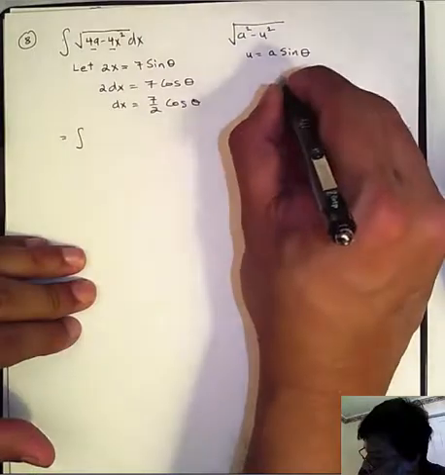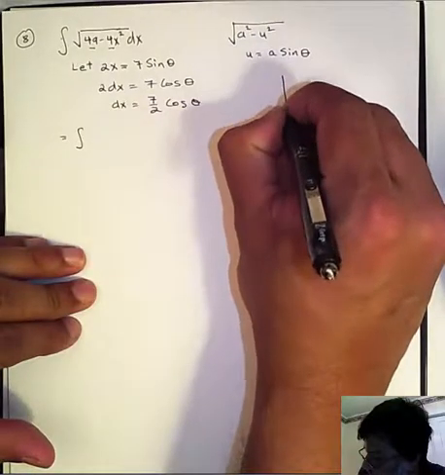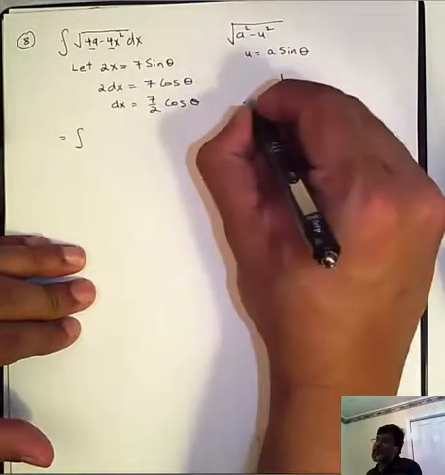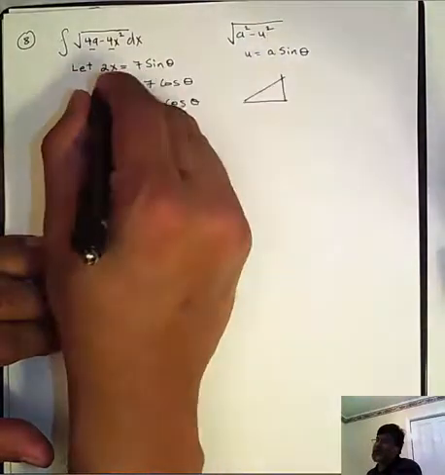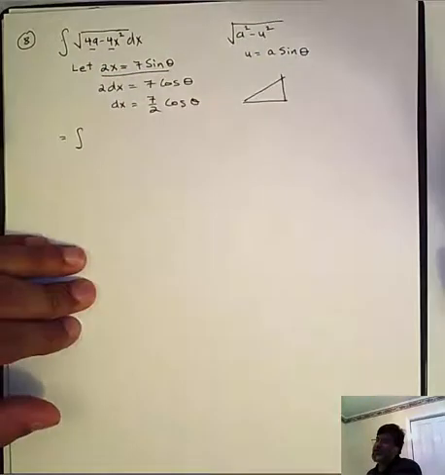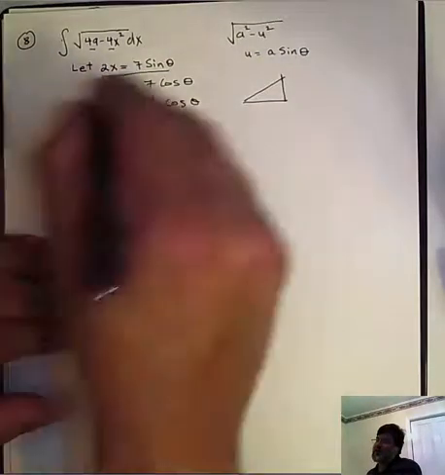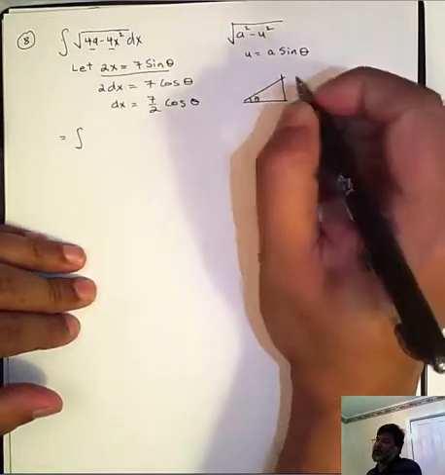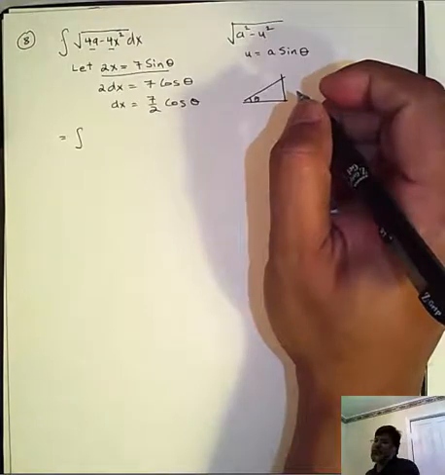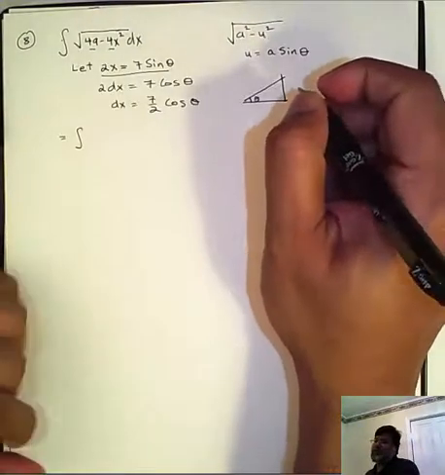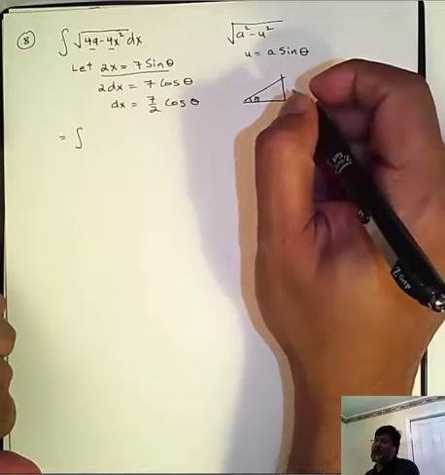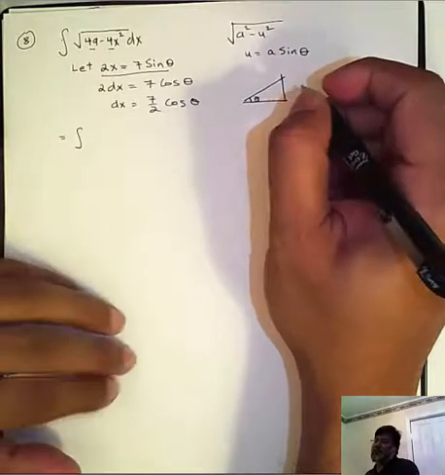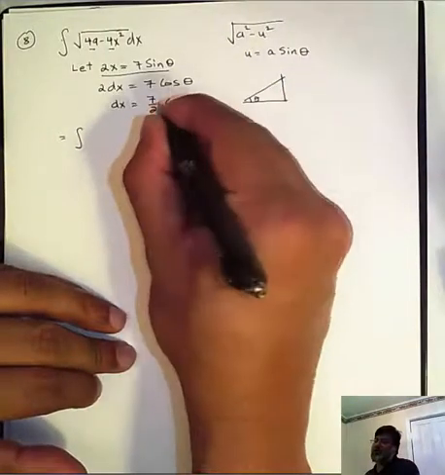Also realize that if you draw the triangle from here, your sine theta will be 2x over 7. So if this is theta, which one is 7 and which one is 2x?